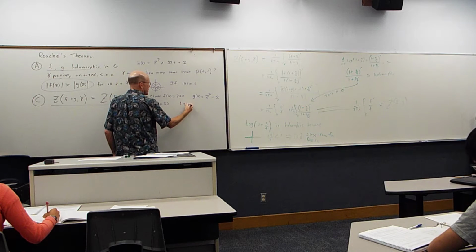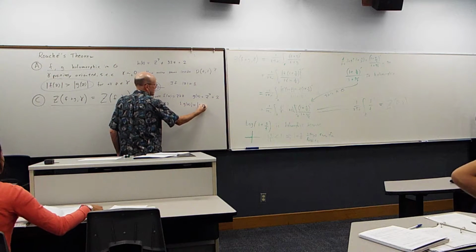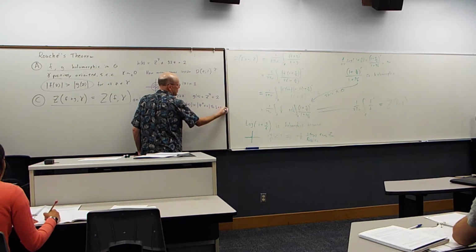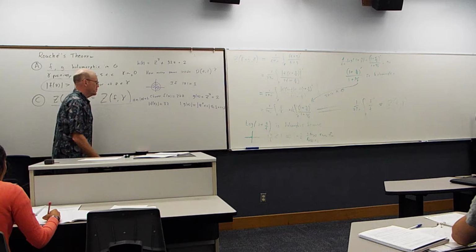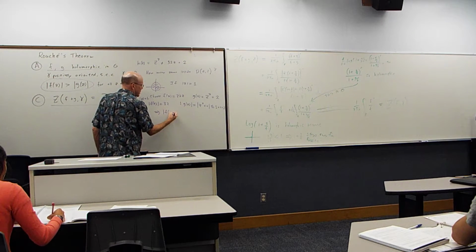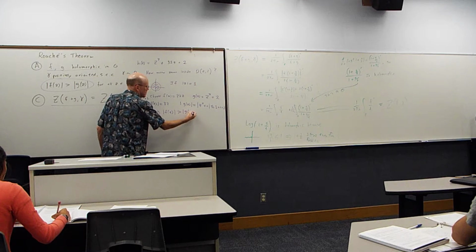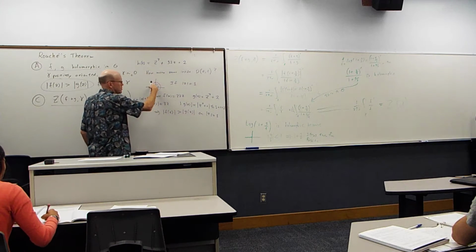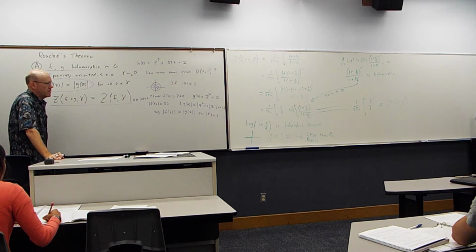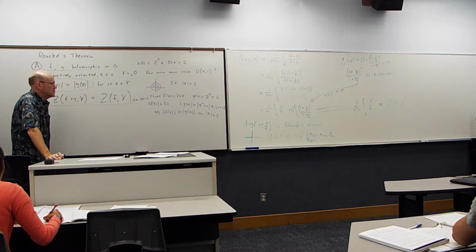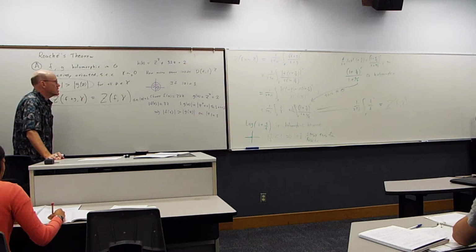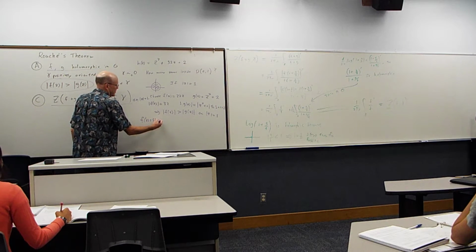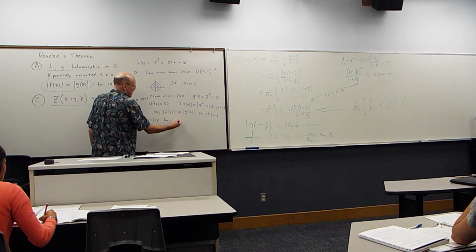The modulus of g of z would be the modulus of z to the 7 plus 2, and that's going to be at most 3, right? So that means that the modulus of f of z is greater than the modulus of g of z on modulus z equals 1, the boundary of this region. Okay. Now, how many zeros does f have inside? Yeah, it has 1 zero.